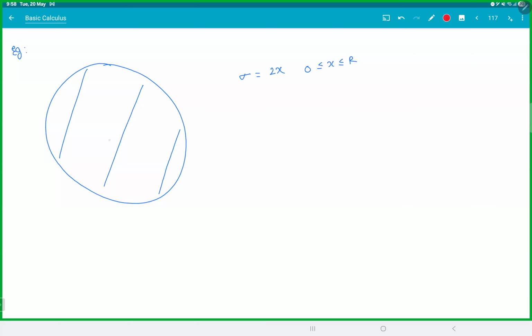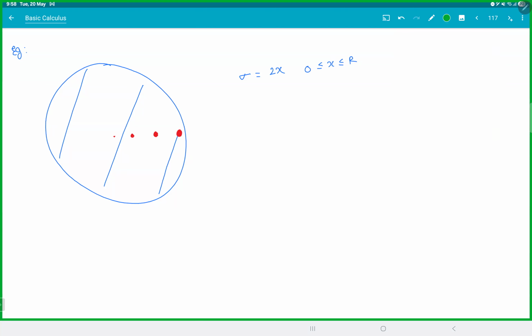When I put x is equal to 0, it is 0. That means there is no mass at the center. It is pretty light. If I put x is equal to 1, the mass will increase a bit. If you put the next number, it will increase more. As you keep going out, the mass is becoming heavier and heavier. Can you think of a disk like this?